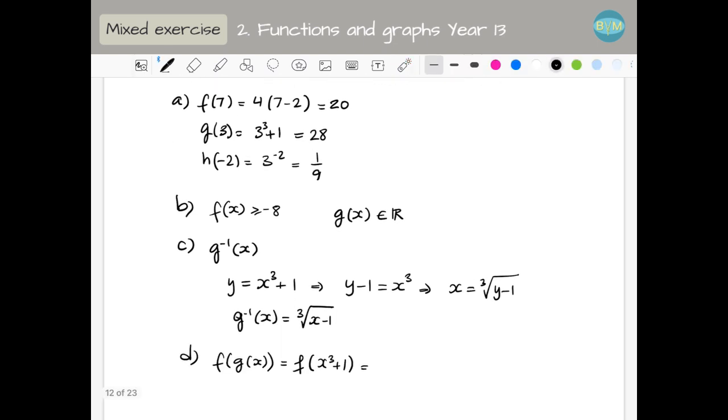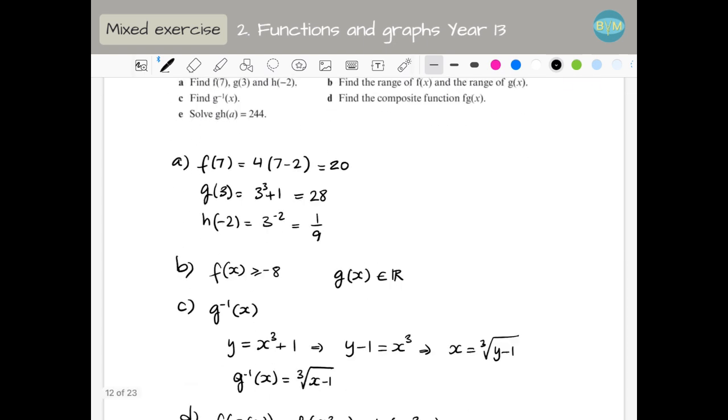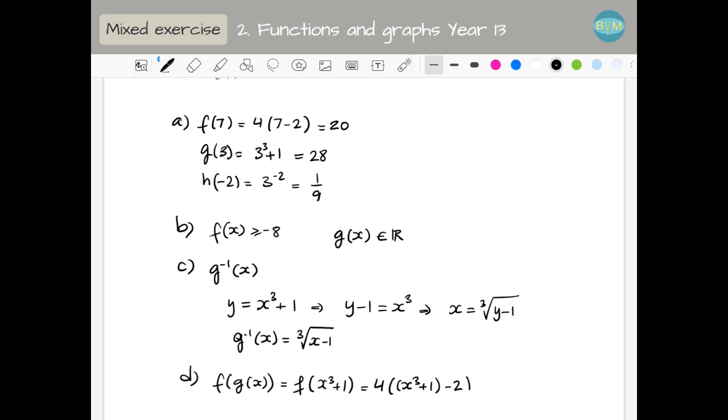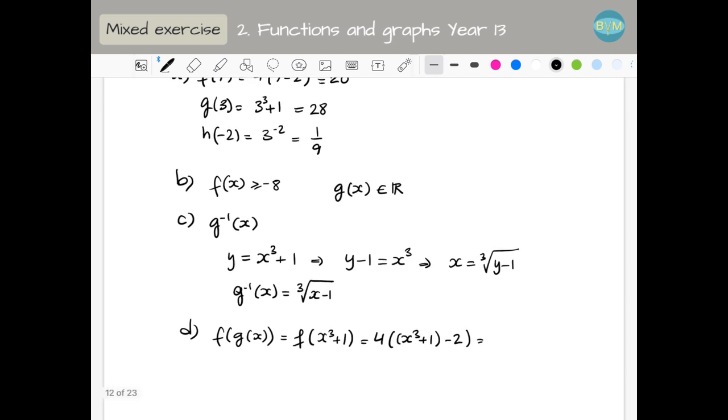So I have 4 brackets x cubed plus 1 minus 2. And I'm going to put the numbers together. So 4x cubed plus 4 minus 2 minus 1, and I can leave it like this, yeah? Or I can expand the bracket, so if you prefer, you can write 4x cubed minus 4, either way.